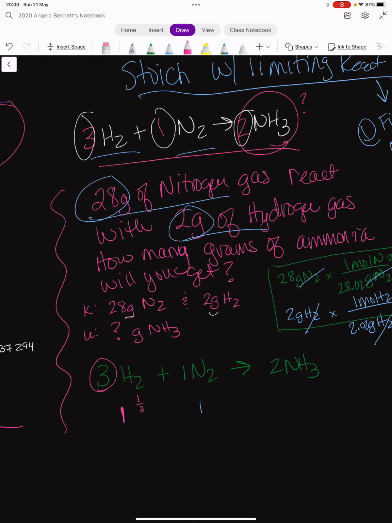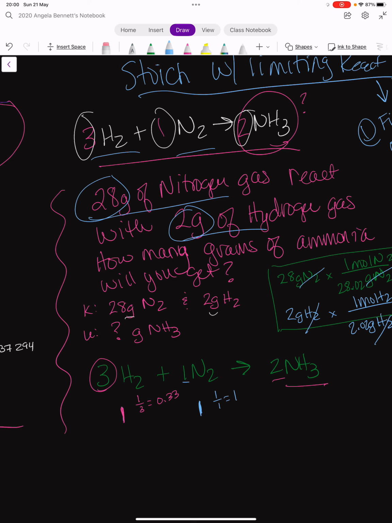So 1 divided by 3 is 0.33. So I can get 0.33 moles of ammonia. Well, I'll get more because I have to deal with the 2, but don't worry about that right now. Now, if I take the 1 mole of nitrogen and divide it by 1, 1 divided by 1 is 1.